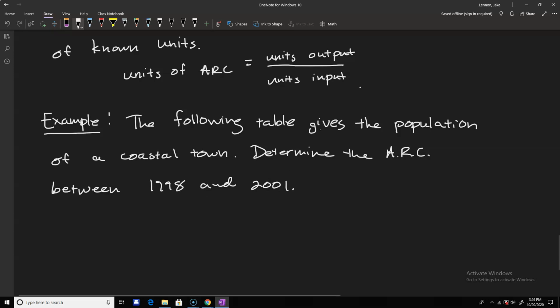And then let's say use that to predict the value in 2002.